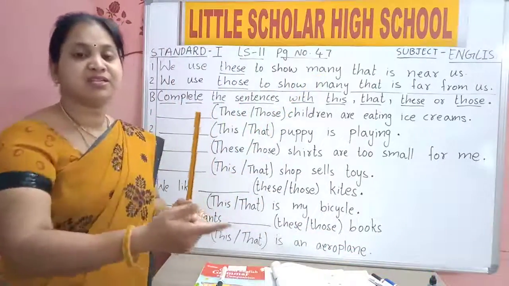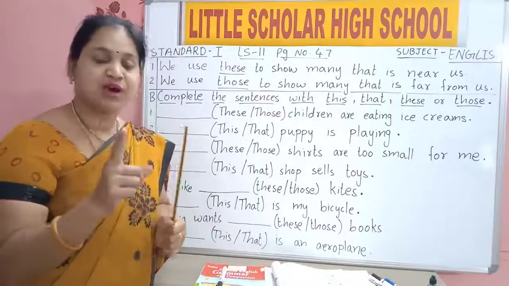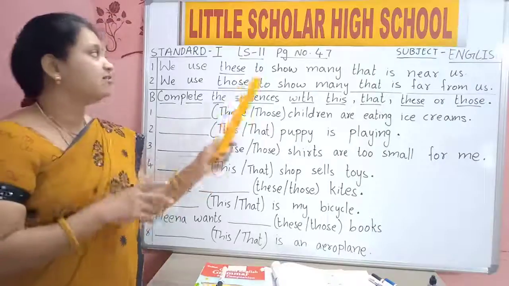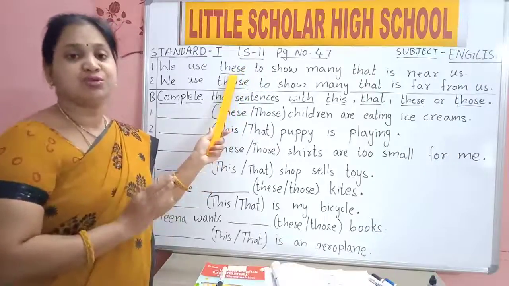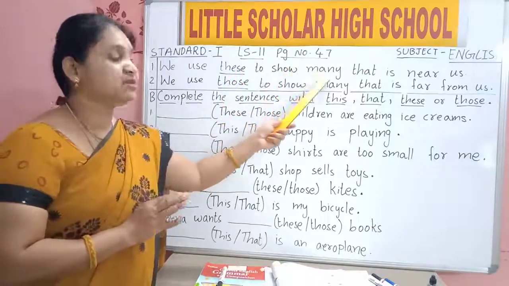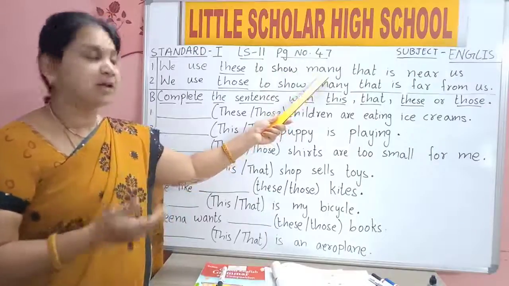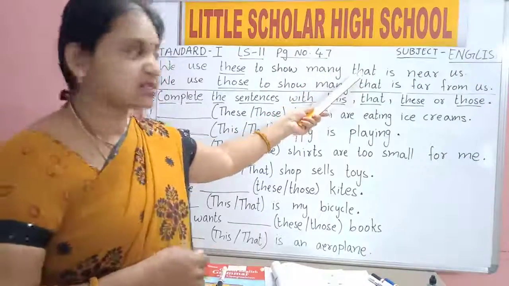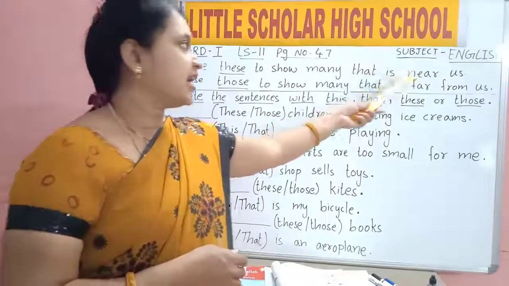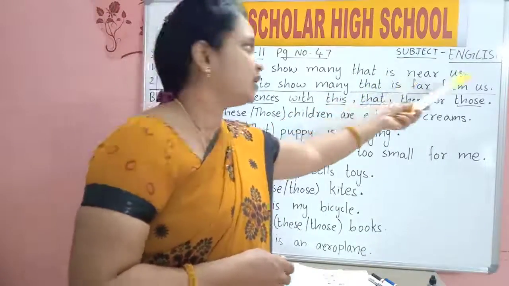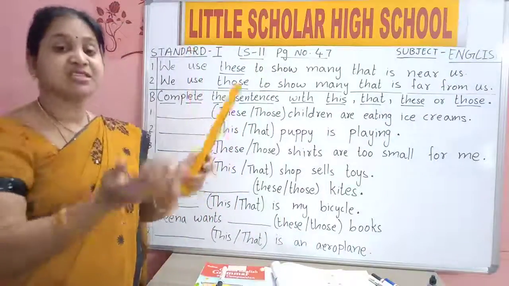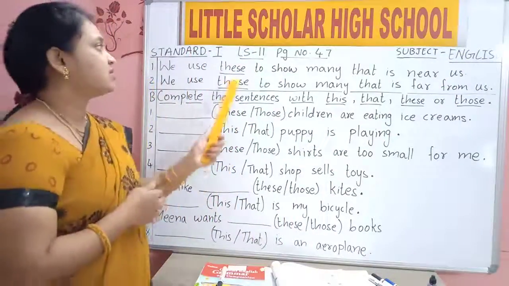This, that is used to show one, but these is used when it is many, to show many that is near us. When we are talking about many which is near to us, we use these.